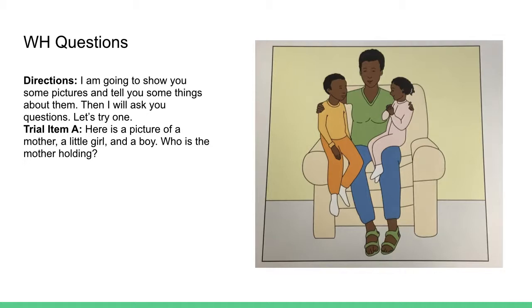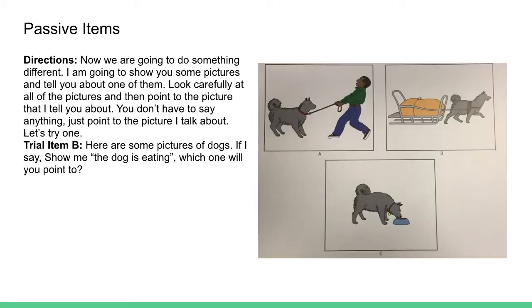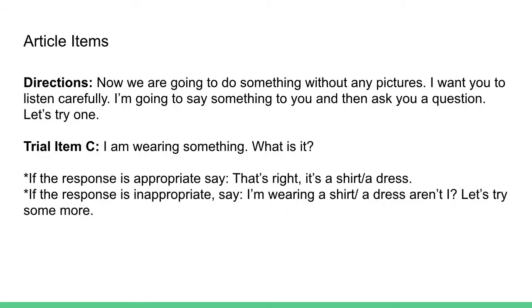Example items are also included on the following slides for the remaining subsections and domains. The passive item subsection is designed to assess a child's understanding of passive sentence constructions. The article items were designed to assess a child's knowledge of the underlying grammatical rules that regulate which article should be used in a given linguistic context.